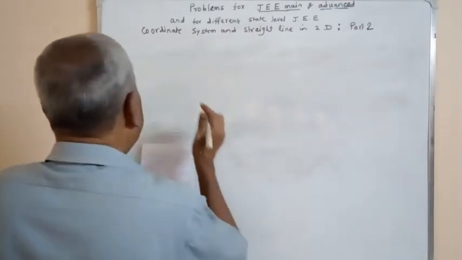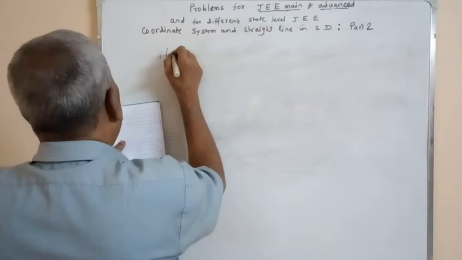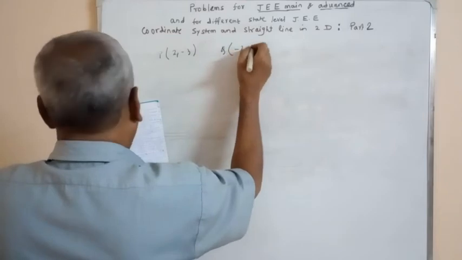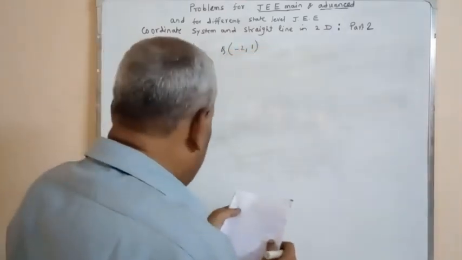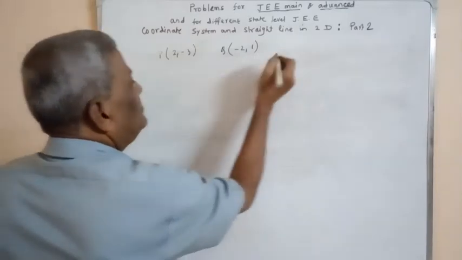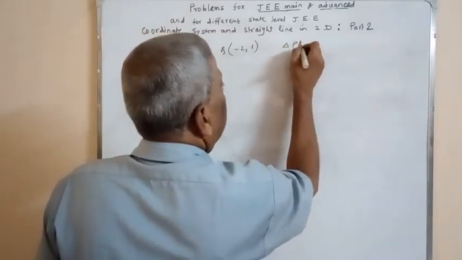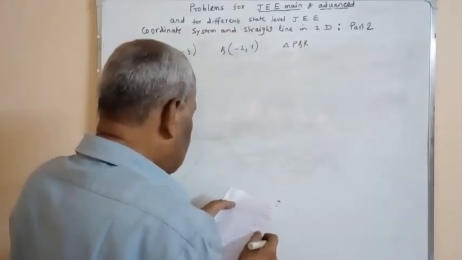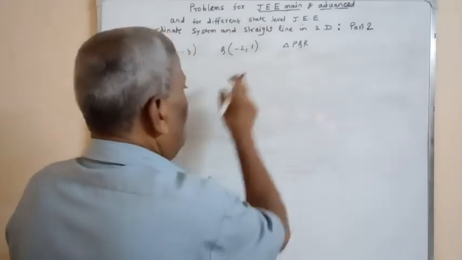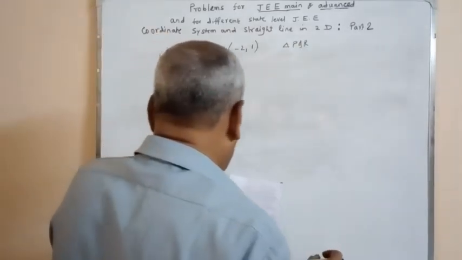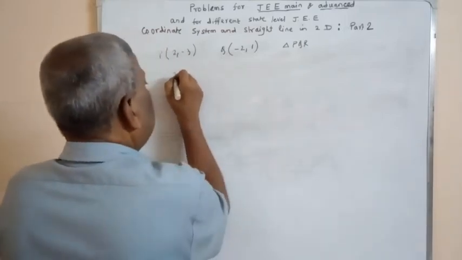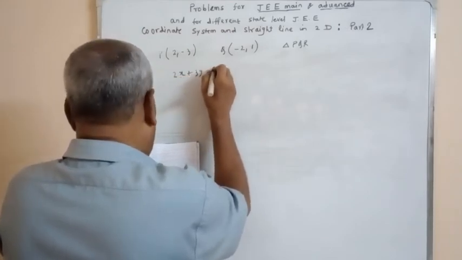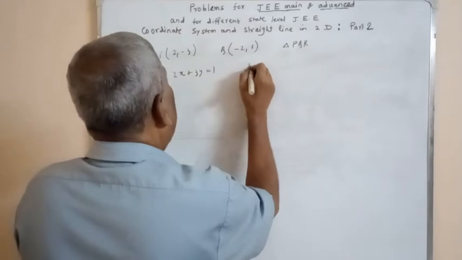The first problem is: let P(2, -3) and Q(-2, 1) be vertices of a triangle PQR. The centroid of the triangle lies on 2x + 3y = 1. Then find the locus of R.